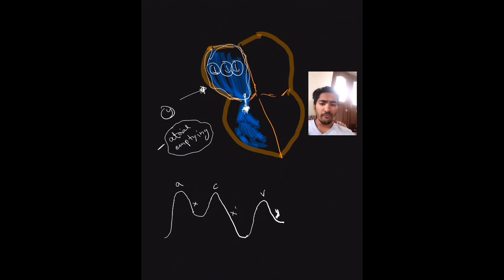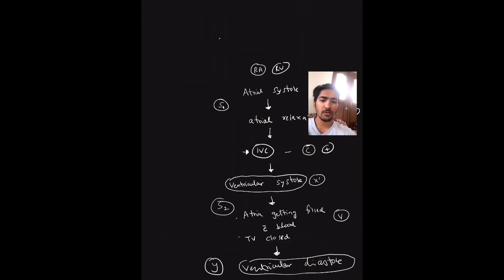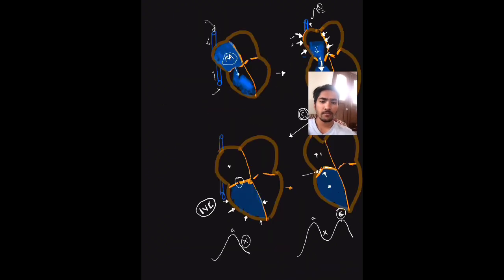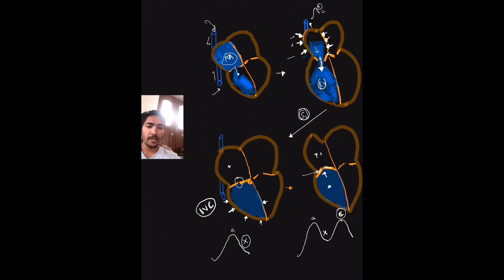So don't get confused with this phase and the first phase. You can see some amount of initial blood that was there in the right atrium has already emptied. This is the later stage of atrial systole.